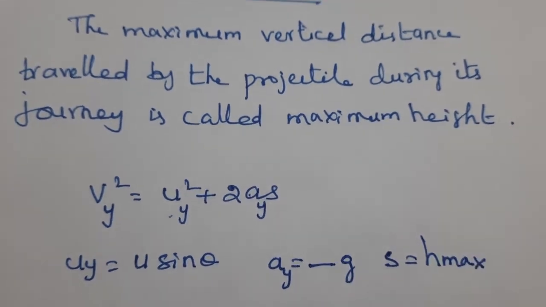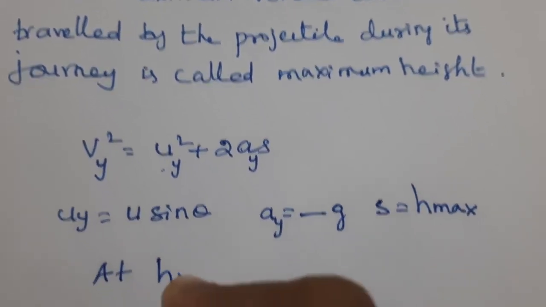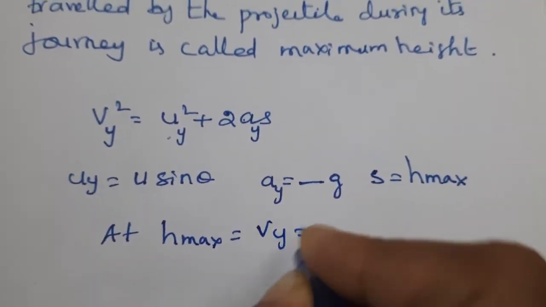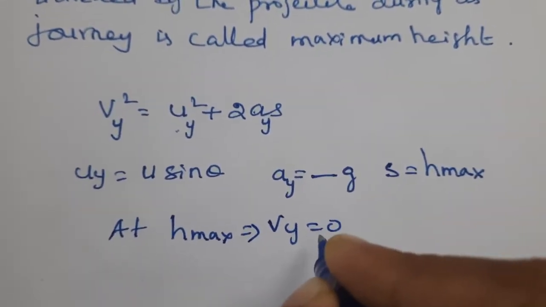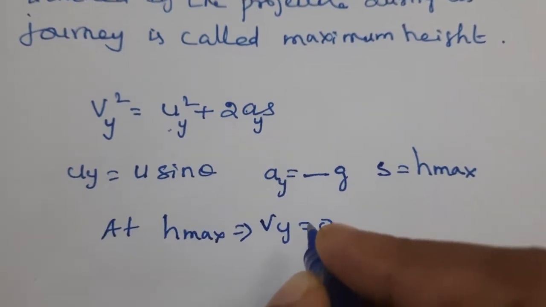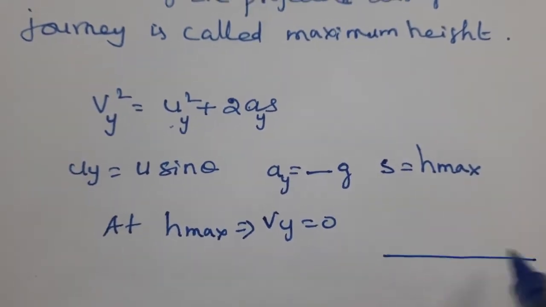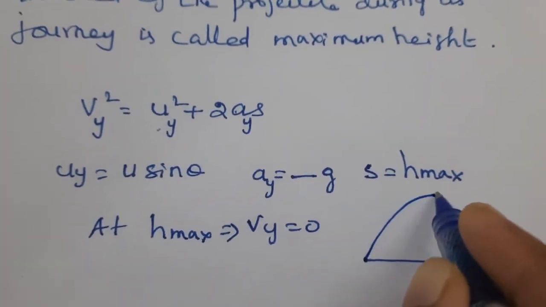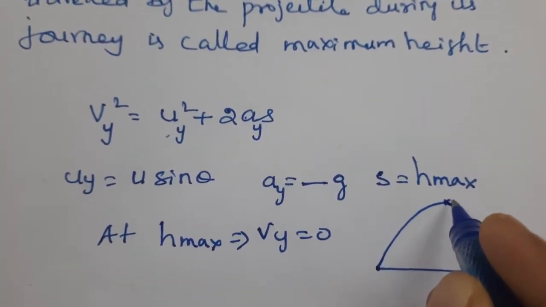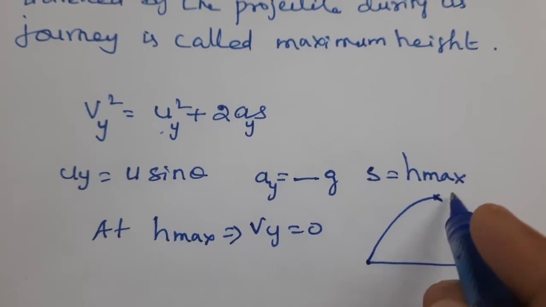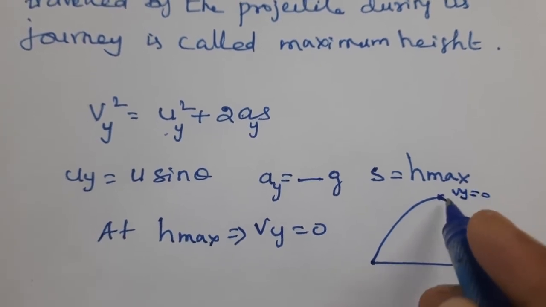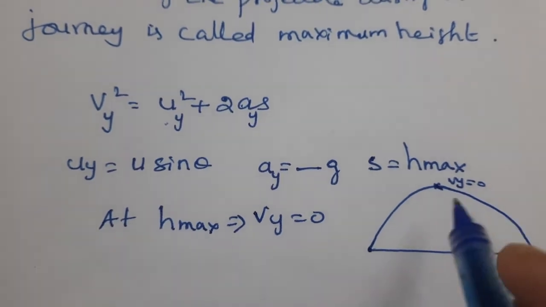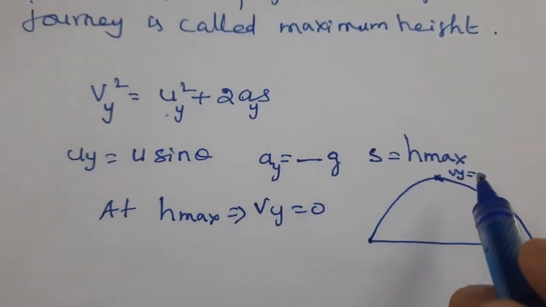At this maximum height, vy equal to 0. The projectile thrown with initial velocity reaches the maximum height, so at this height the vy value is equal to 0. Afterwards, it undergoes the force of gravity and reaches the ground.